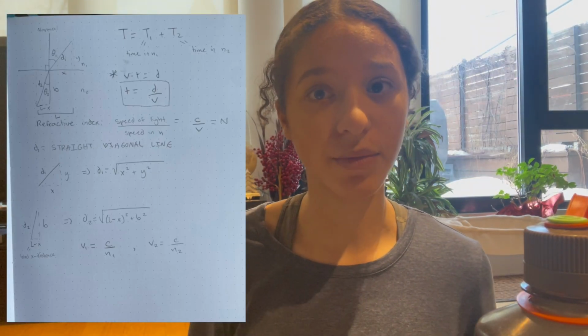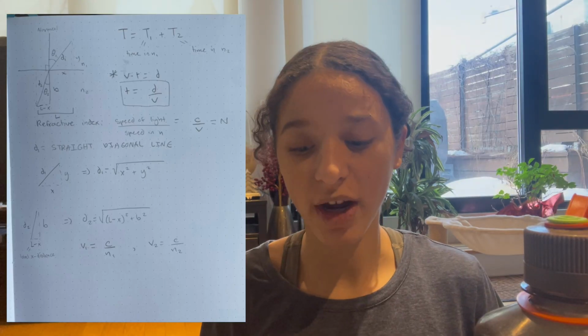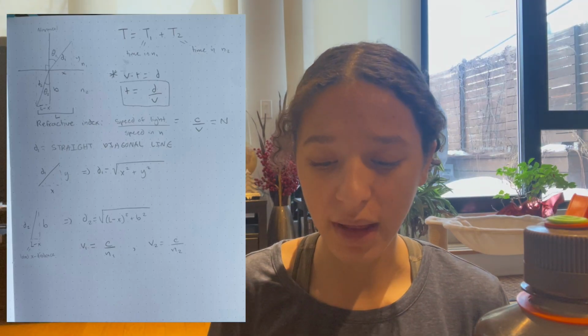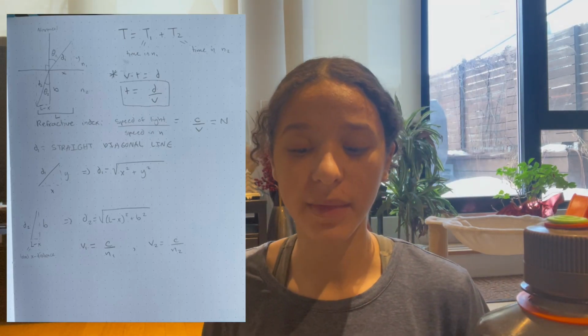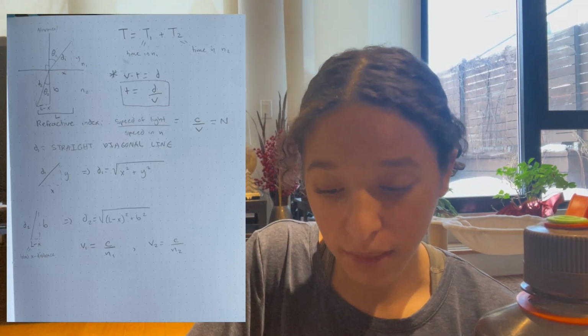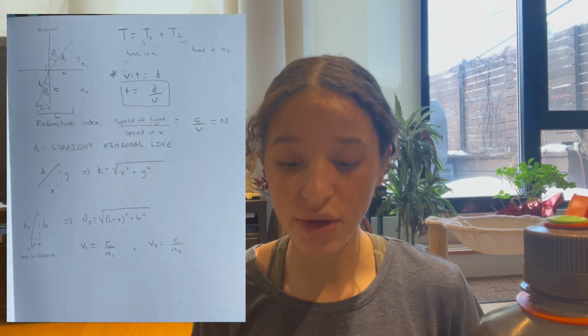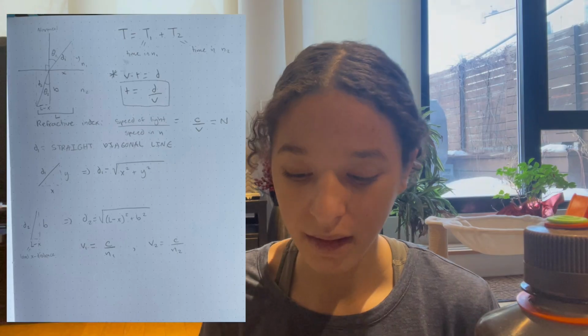But what about d2? Well, d2 is also the hypotenuse of a triangle. We'll call its vertical component b, but for its horizontal component, we'll have to say that the total horizontal distance traveled by light is equal to L. And that means that the horizontal component of d2 is just L minus x, x being the horizontal component of d1.